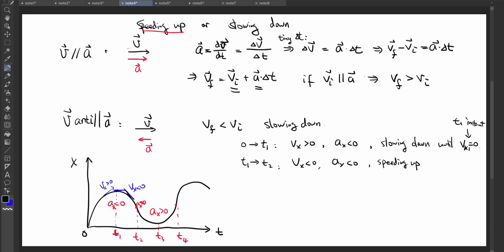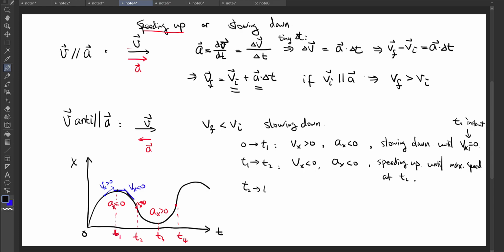So the next instant velocity will be greater than the previous instant, until t2, where the velocity will be maximum. Until maximum speed at t2 instant. So Vx2 will be max in this range.